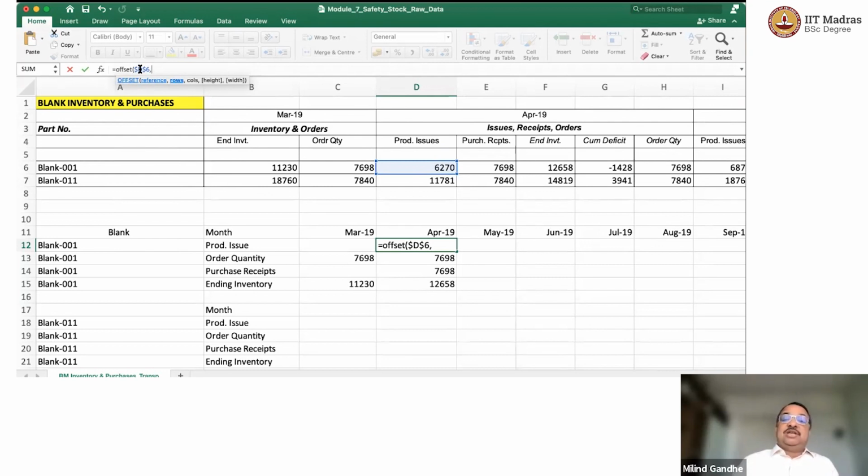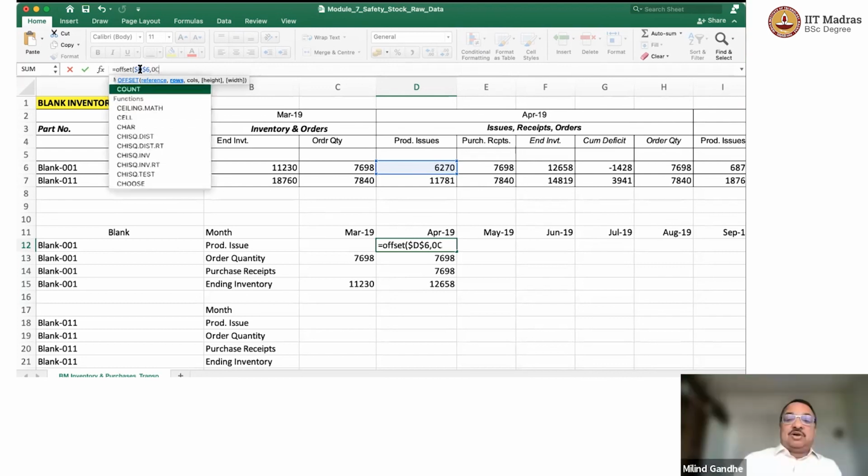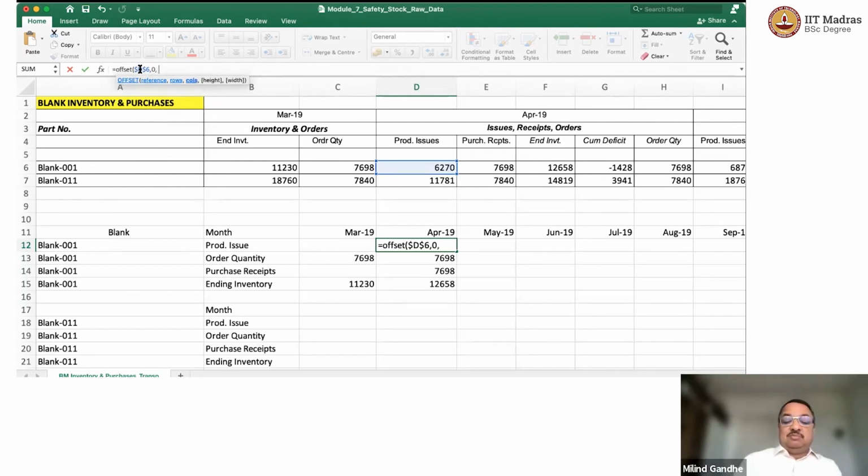So how many rows do we need to move? We need to move 0 rows, and some number of columns. 5 columns, yeah. So actually what we want is to move the current column minus 4. And I'll explain this math.